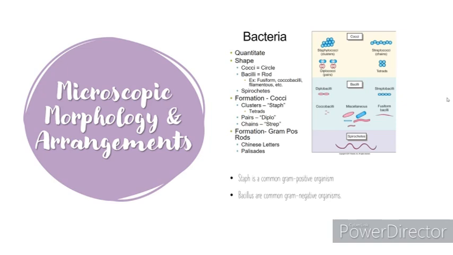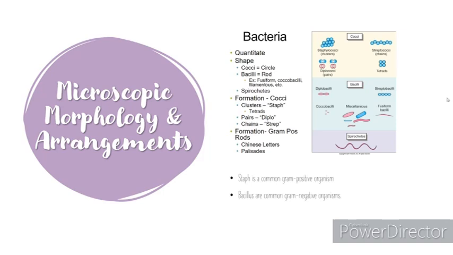And that can be interchangeable with bacilli. There's diplobacilli, streptobacilli. So it's just the arrangement of how these bacteria are. And spirochetes are their own thing. They're just little silly noodles.